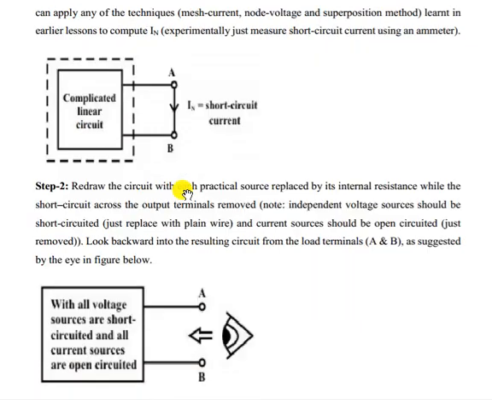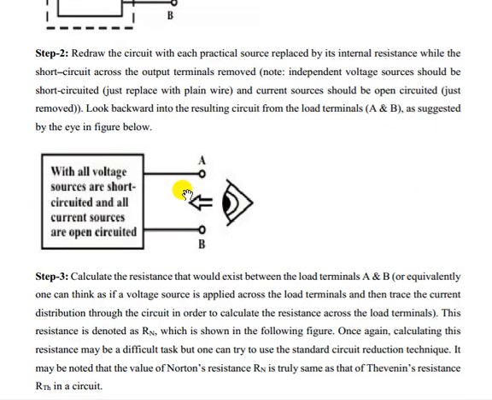IN is also known as Norton's current. After that we look into the circuit from the load terminals, after removing the load resistance, with all independent voltage sources deactivated. Then we find the equivalent resistance, called Norton's resistance, which is the same as Thevenin resistance.